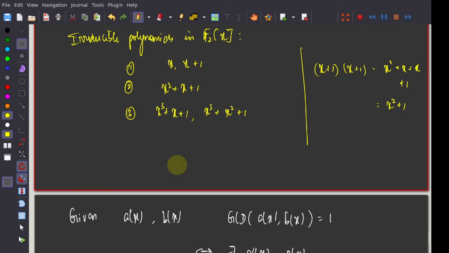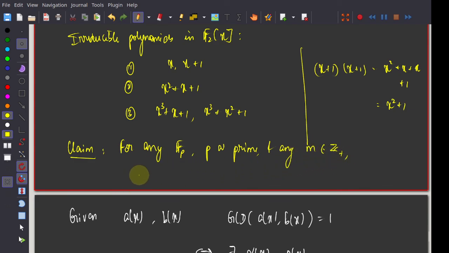If I take any prime field F_p, p a prime, and any positive integer m, you can always find an irreducible polynomial of degree m in F_p of x.